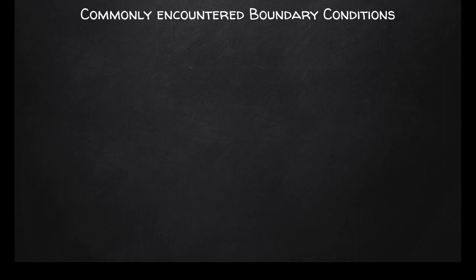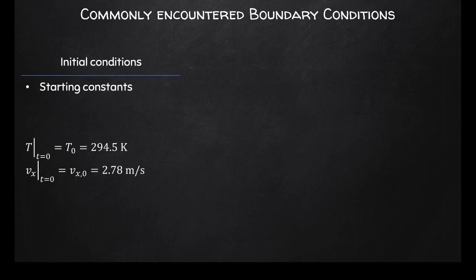Now, let's talk about some commonly encountered boundary conditions. Let's start off with our initial conditions. We can have some starting constants, for example, given to us, where we say the temperature of a wall at time equals 0 is T0, and this is given by some constant value.